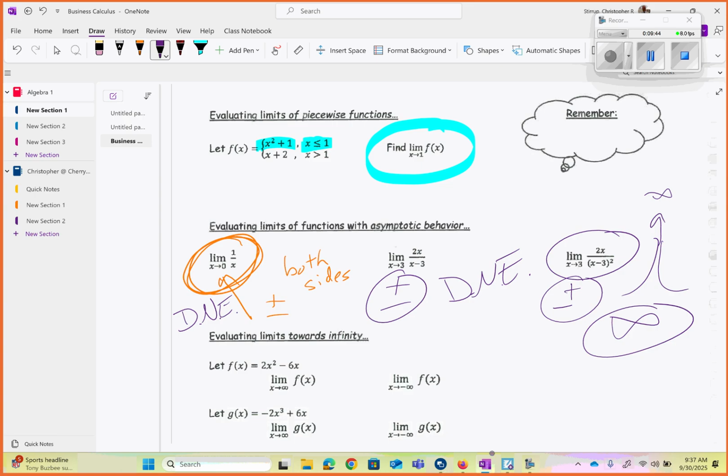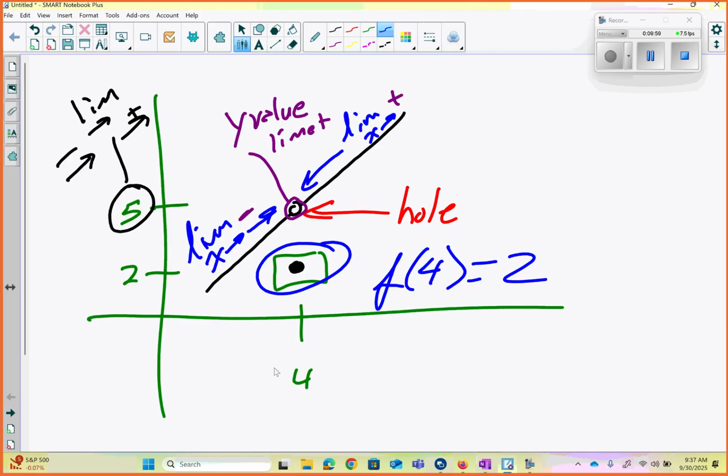So that's the first part of that exercise. Does that seem to make sense? So again, if we go back to what we had talked about before, if you have a hole in the graph, the limit comes from left and comes from right and it goes to the same location, that limit exists.